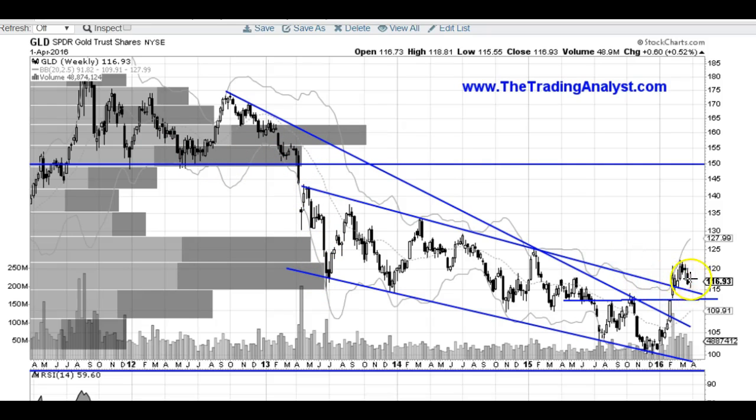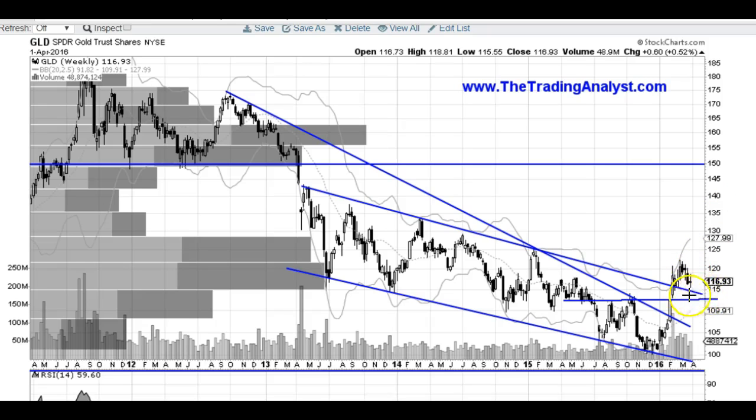So while this is a longer term, it could take as little as 2 to 3 months to get up to this 140 range, okay? Not making any predictions. I'm just basing that opinion off of how fast it moved right here from 150 down to 115. And we're down here near 115 currently, okay? So bullish on gold.